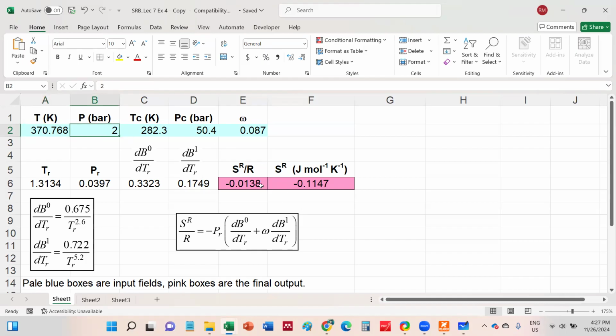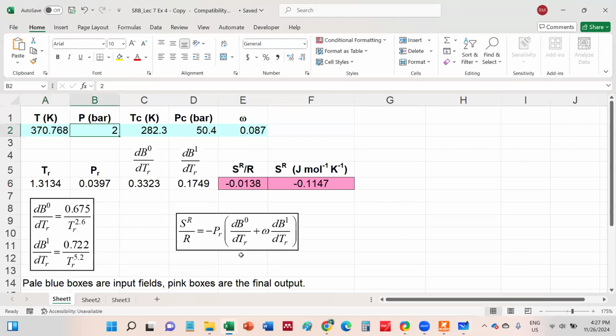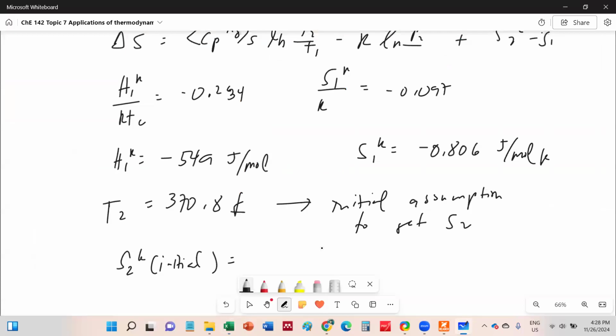We have an initial S2, S2R initial. So let's label that. From the calculator, right here, it's negative 0.115 joules per mole Kelvin.